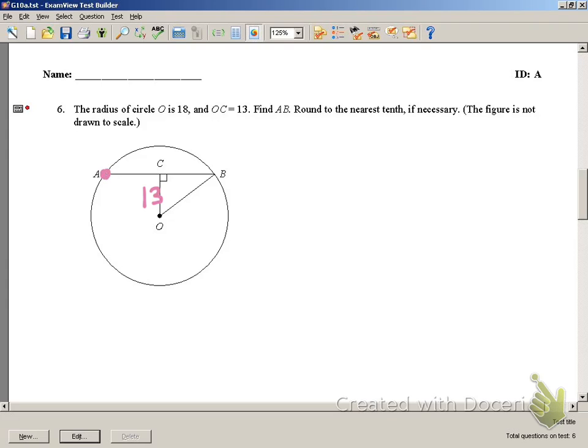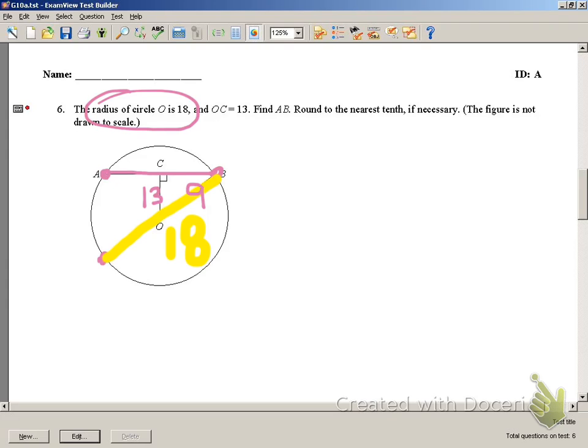We want to know the length from A to B. Now, what did it tell us? That the radius is 18. If the radius is 18 and I drew a line from some random point here to O to B, that is 18 units. So OB is 9 units.